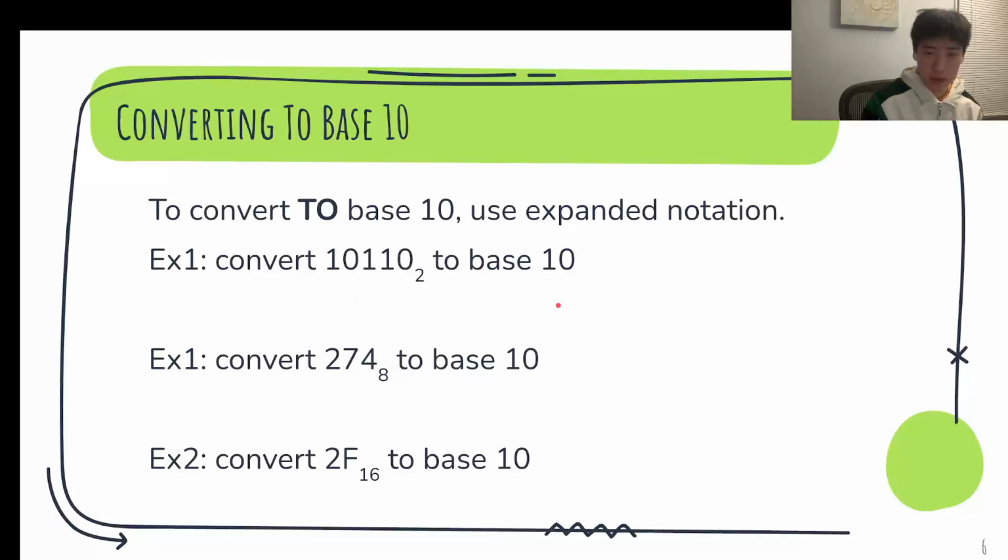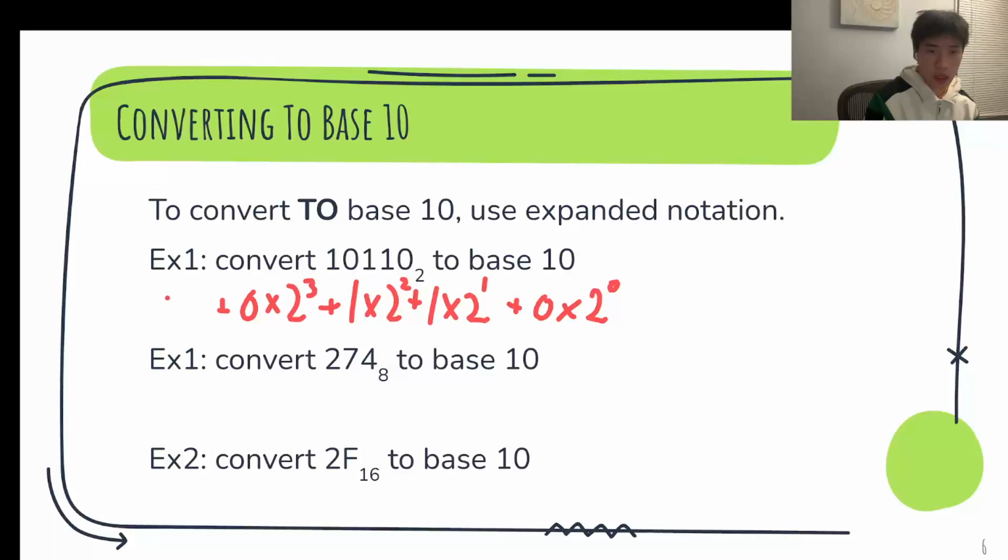Just like in base 10, we just say 0 times, but here, instead of saying 10 to the power of 0, we will say 2 to the power of 0 plus 1 times 2, right, so instead of 10, we say 2 to the power of 1 plus 1 times 2 to the power of 2 plus 0 times 2 to the power of 3 plus 1 times 2 to the power of 4, and there we go.